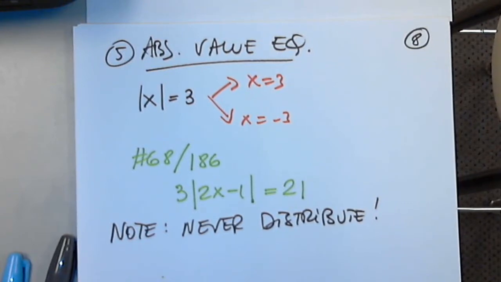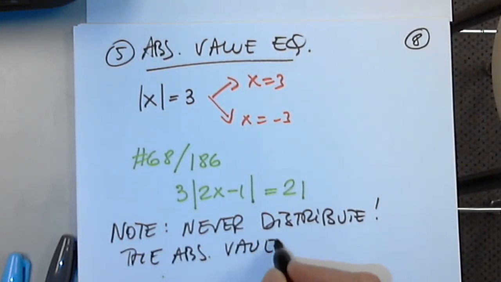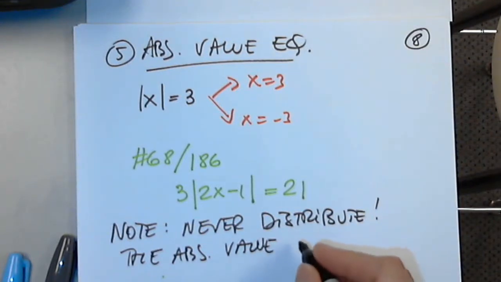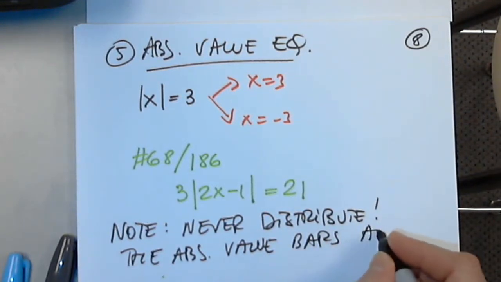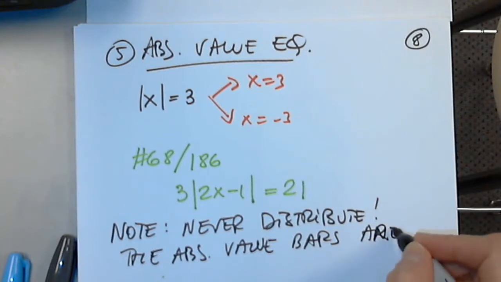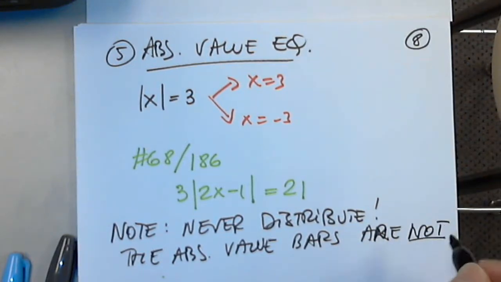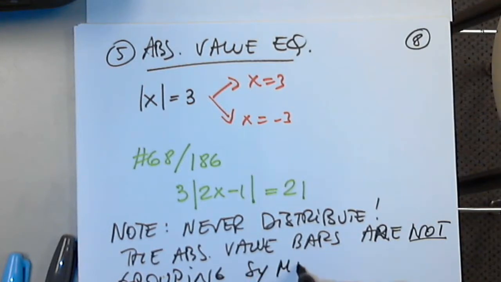Let me explain why. The absolute value bars are not grouping symbols. Remember when we looked at inequalities? That's why I love writing on paper, because I can go back.